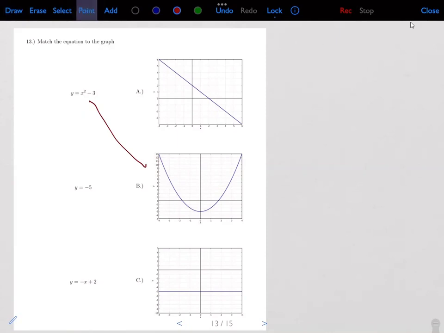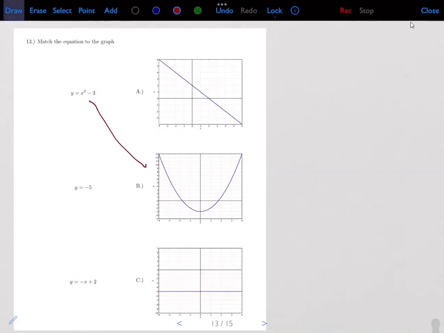Second one, y equals -5. Well, if you have a constant equation, that's going to be a horizontal line, right? It's saying regardless of what the x variable is, the output is always -5. The y is -5. So if you look at this one, regardless of what we have for x, if x is 0, y is -5. If x is -2, y is -5. If x is 3, y is -5.